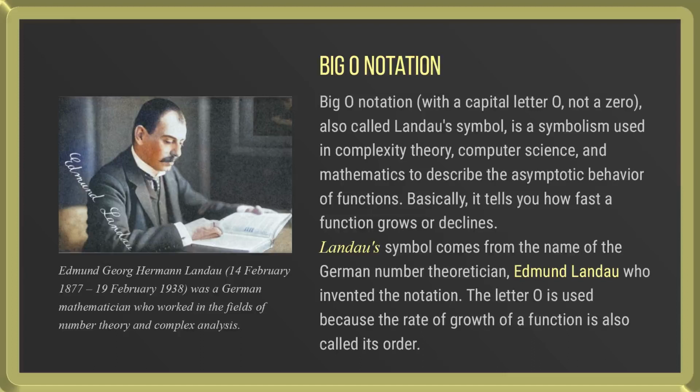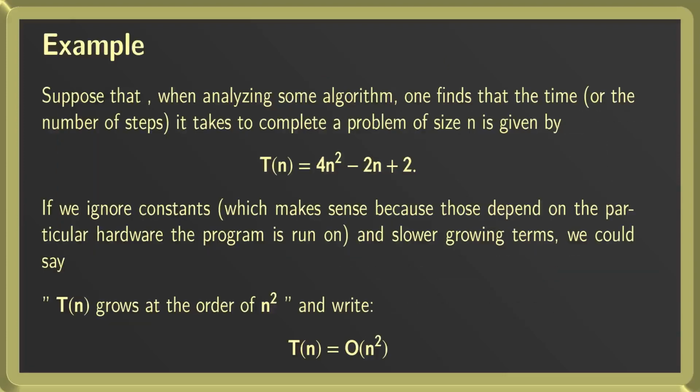Basically, it tells you how fast a function grows or declines. Landau's symbol comes from the name of the German number theoretician, Edmund Landau, who invented the notation. The letter O is used because the rate of growth of a function is also called its order.